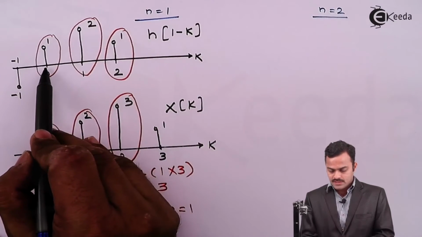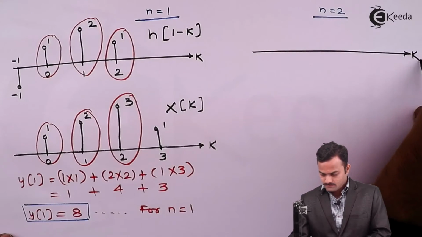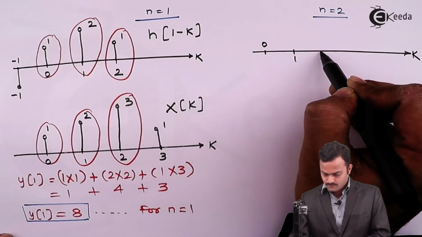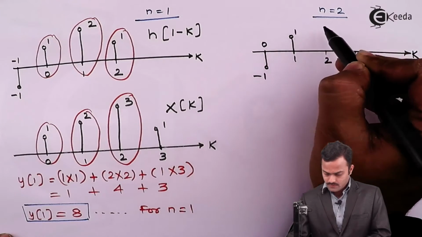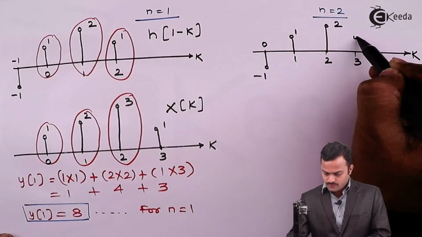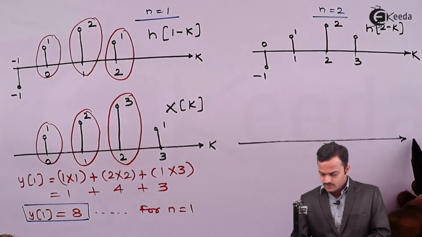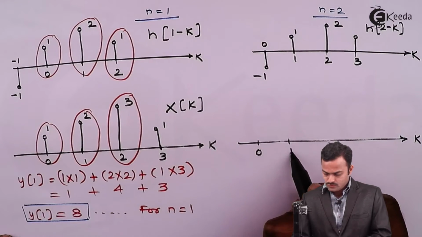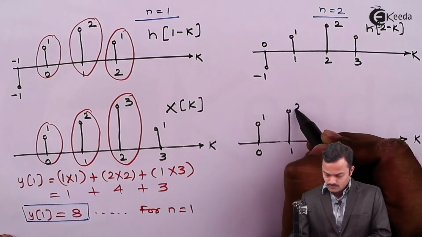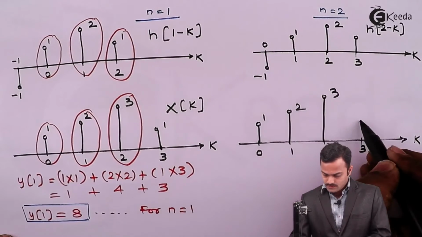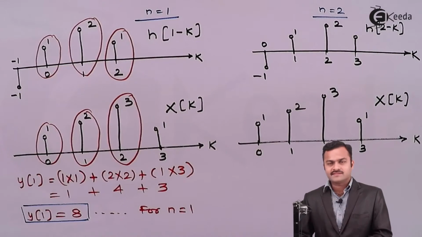So it will have the span from 0 to 3, with the values -1, 1, 2 and 1, h of 2 minus k, to be multiplied with x of k, which is having the span from 0 to 3, and the values are 1, 2, 3 and 1. Now over here all the 4 sample points are common.